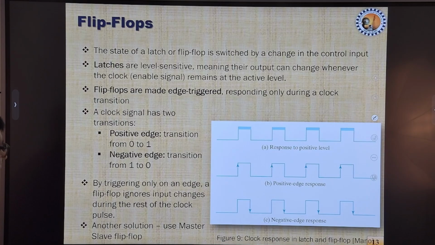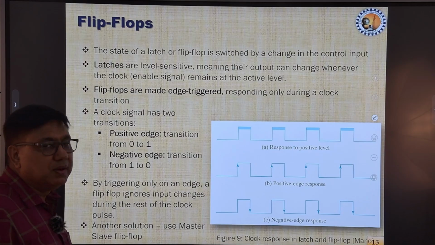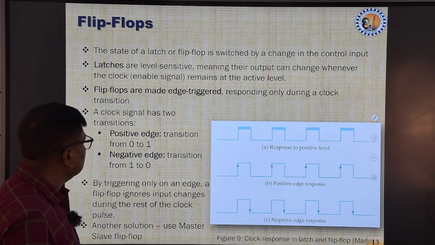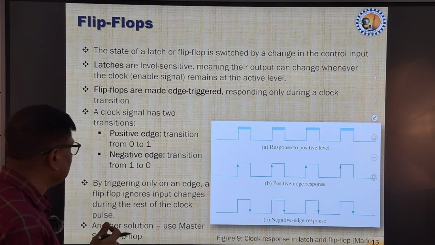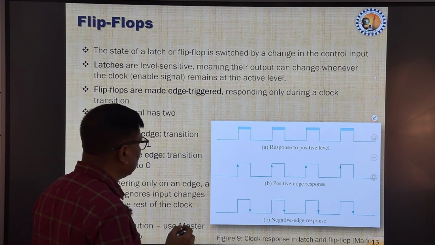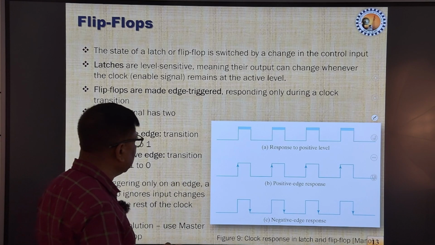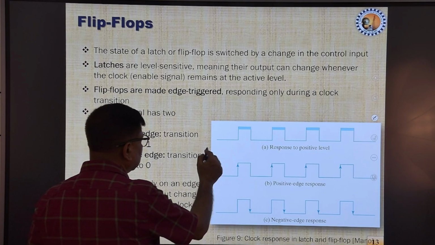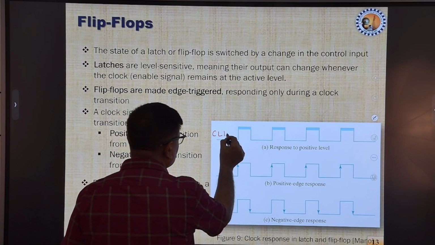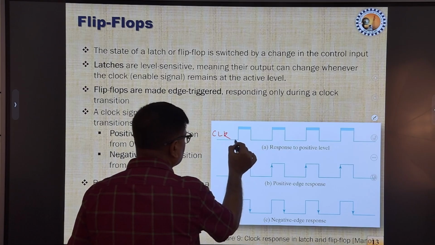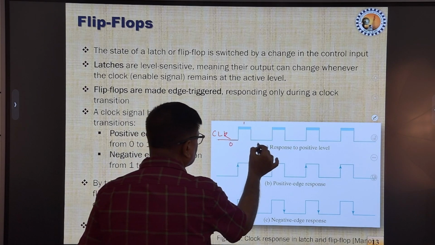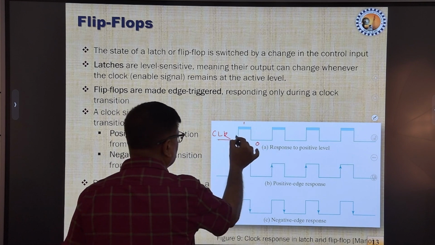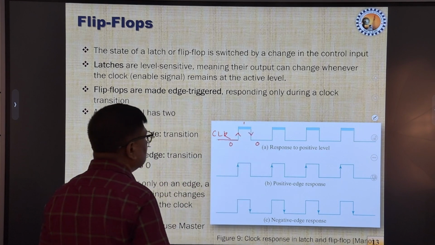Now we are marching toward the flip flop to explore. Before discussing the flip flop, let us try to clear our idea about the clock signal. Previously also we have discussed. So this is basically the clock signal, and here this state is called logic 0, this state is called logic 1, this is again logic 0, and these are called edges.